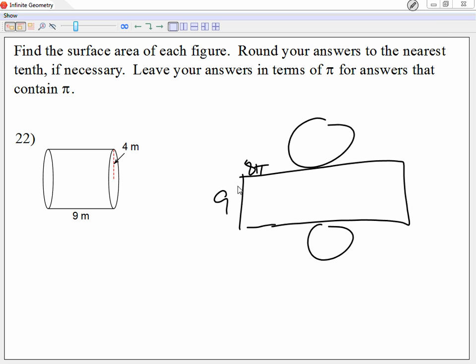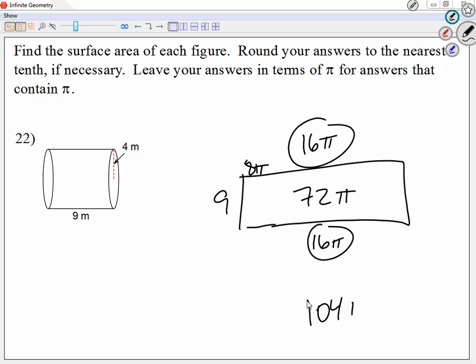So if I multiply those 2 numbers, 9 times 8, I'm going to get this rectangle to be 72 pi. Since the radius is 4, I'm going to say the circles are 16 pi. It's 4 squared. And then add everything. Should be like what, 104? Yeah. 104.